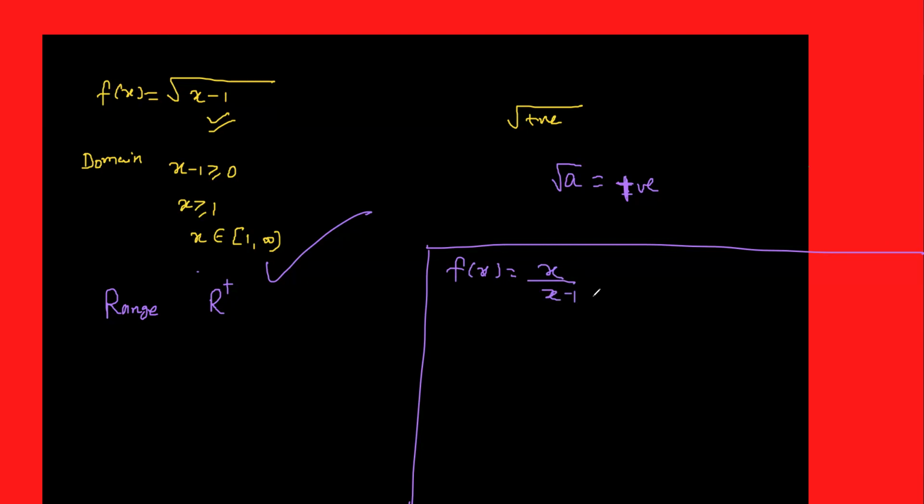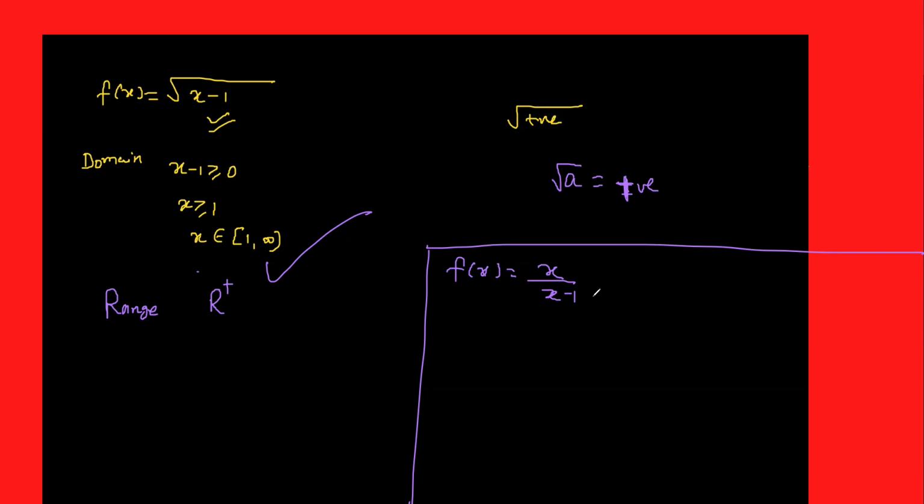Tell me what is domain? Domain is all real numbers. Can you put 1? But the denominator becomes 0. So you cannot put 1. Other than 1 you can put anything, right?